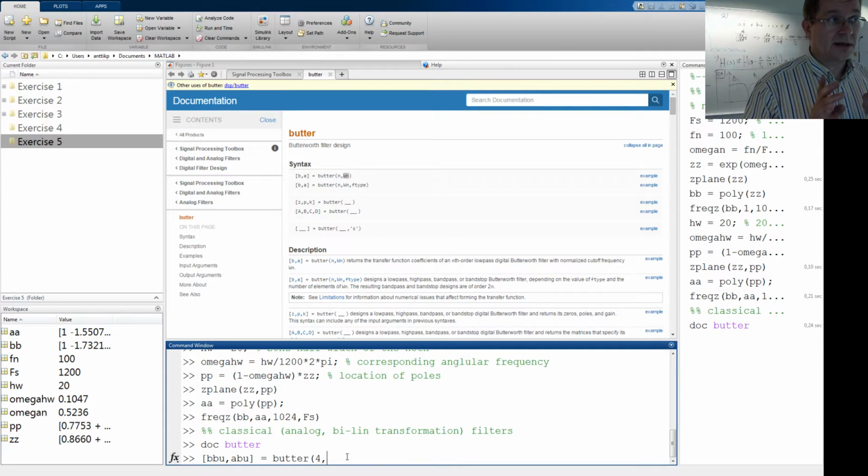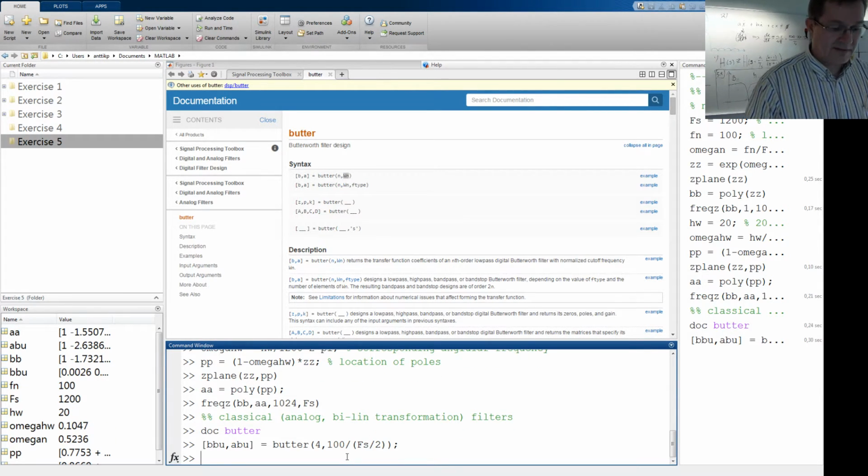Wn is the normalized cutoff frequency, and in here, for example, 100 Hertz, and you divide that one by the Nyquist frequency. That should give the cutoff frequency at the right place, but we'll see. So this is the filter design, simple like that.